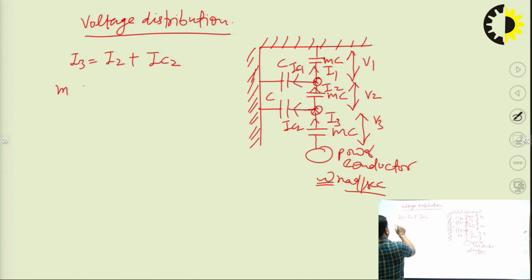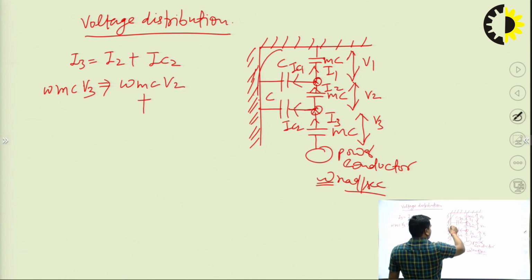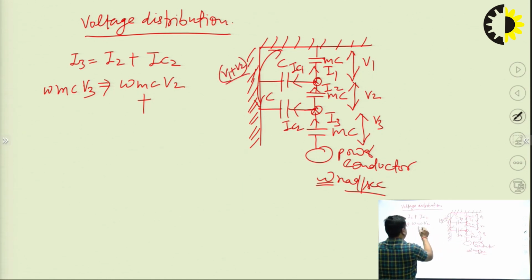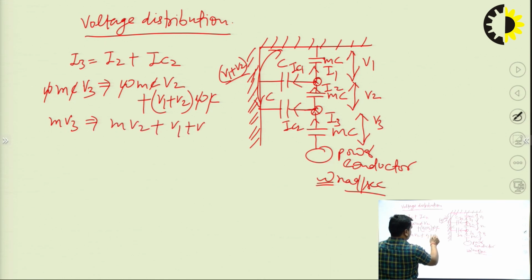That is omega C V3, and I2 is omega C V2, plus IC2, which is the combination of two voltages, V1 plus V2, into omega C. So omega and C cancel. V3 equals V2 plus V1 plus V2.